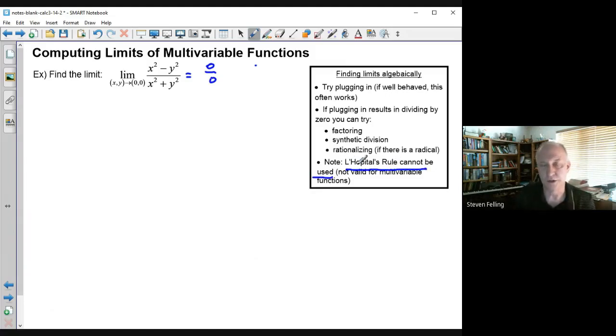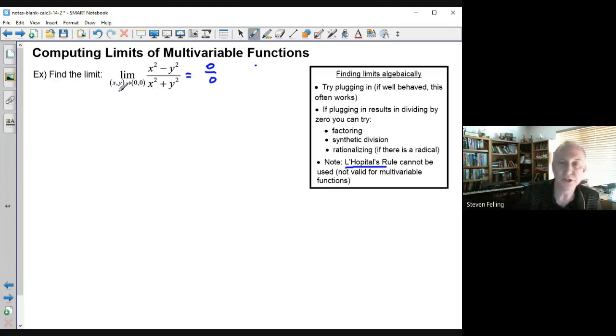I know when we talked about it in brief calc, we were very loose about how it was defined, but L'Hopital's rule is only defined properly for single variable functions. So there is no multivariable version of L'Hopital's rule. If you can't think of some clever way to factor and cancel to make plugging in work, you can't resort to L'Hopital's and take the derivative of the numerator or the denominator. So we're going to have to use our path method here, right?